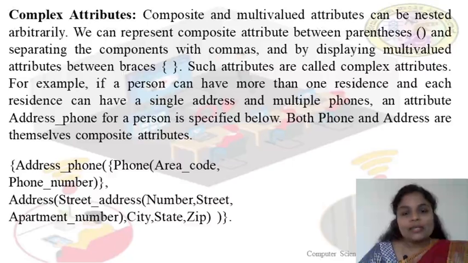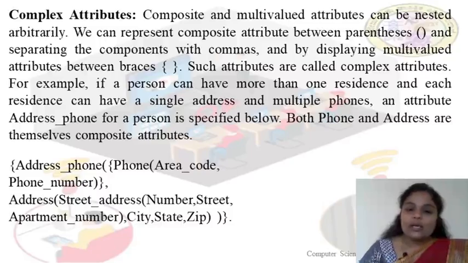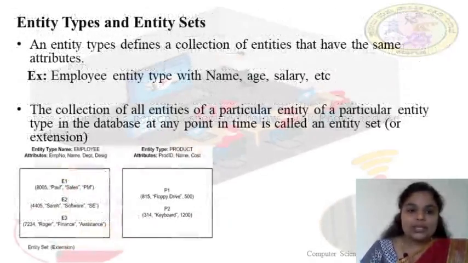Derived means that value will not be there in the table, but using a stored value like date of birth, I can derive a new value, that is age. Those are called derived attributes. Next we studied where to use null, and now we have complex attributes. These are the types of attributes. We should know this well before starting our actual development.